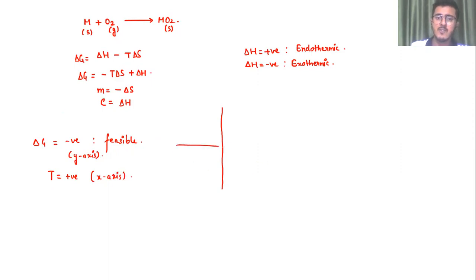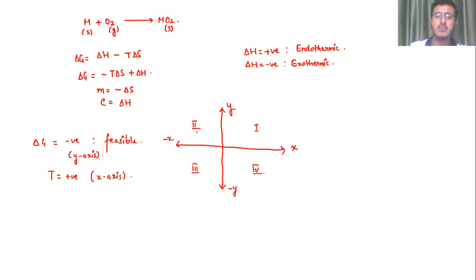So out of the four quadrants, this is your positive x, this is your negative x, this is your positive y, and this is your negative y. This is your first quadrant, second quadrant, third quadrant, and fourth quadrant.